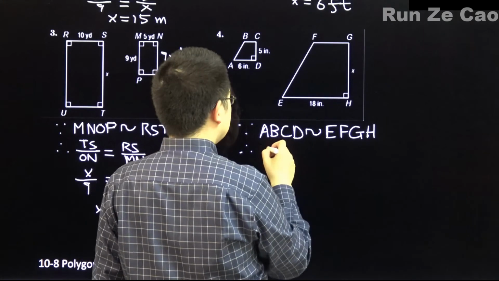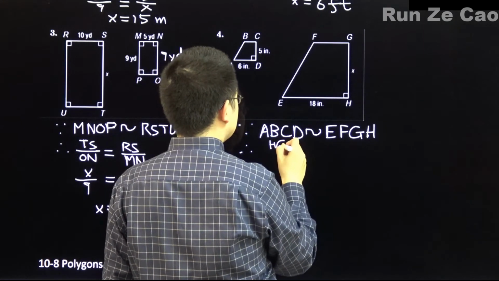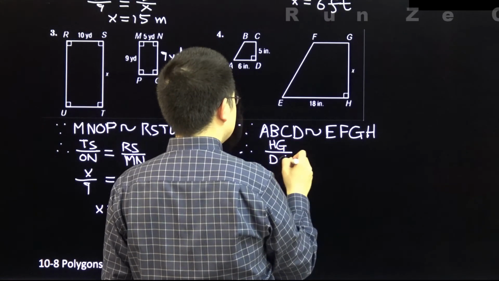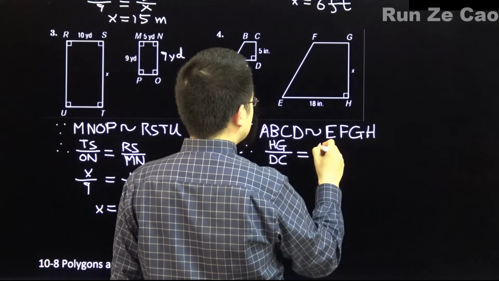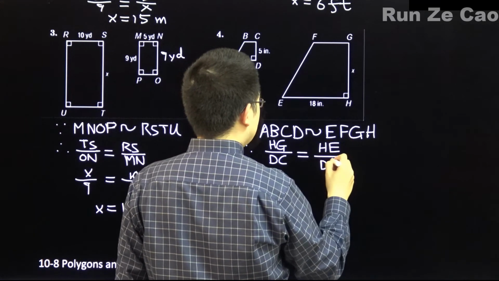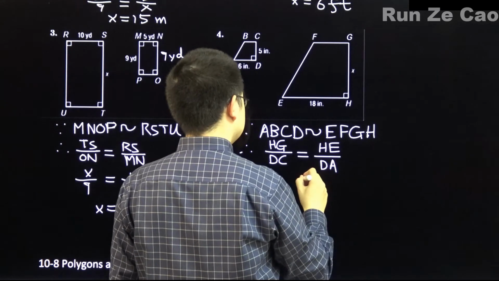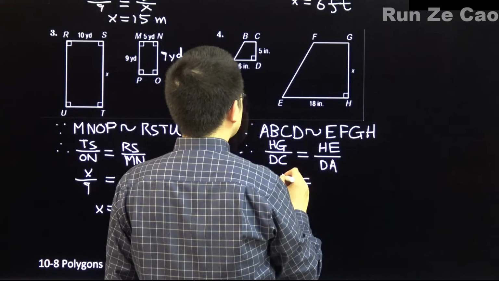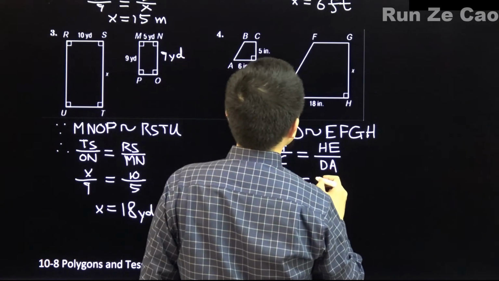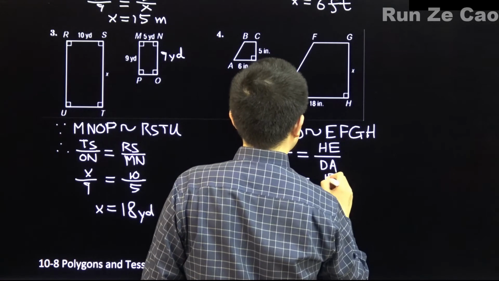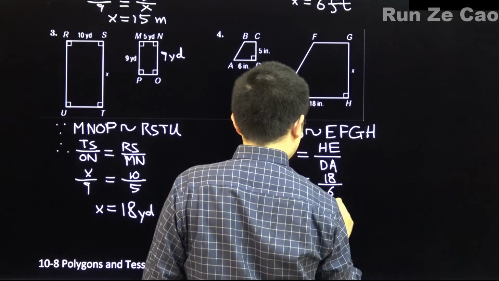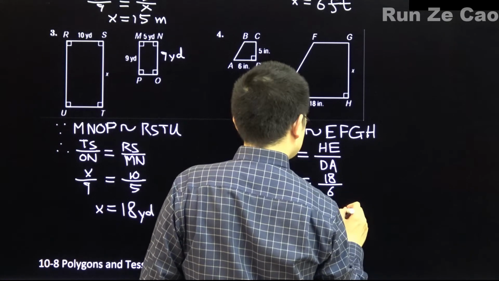Therefore, HG over DC is equal to HE over DA. HG is X, DC is 5 inches, and HE is 18 over DA, which is 6. Therefore, X is equal to 15 inches.